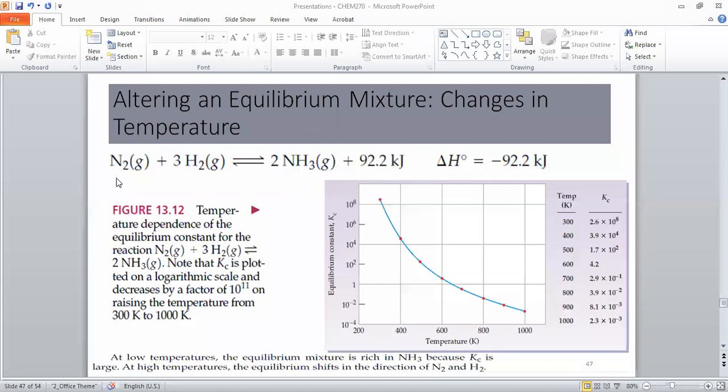That means with the increase in the temperature, there is the decrease in the concentration or the pressure of the ammonia, and simultaneously there is increase in the concentration or the pressure of the nitrogen and the hydrogen, and the equilibrium constant is decreased.